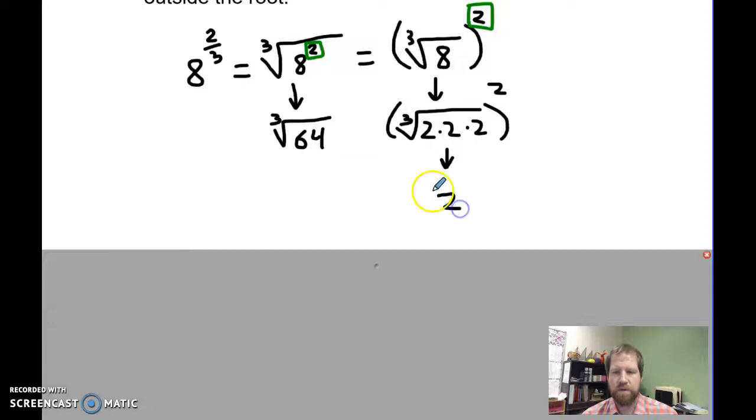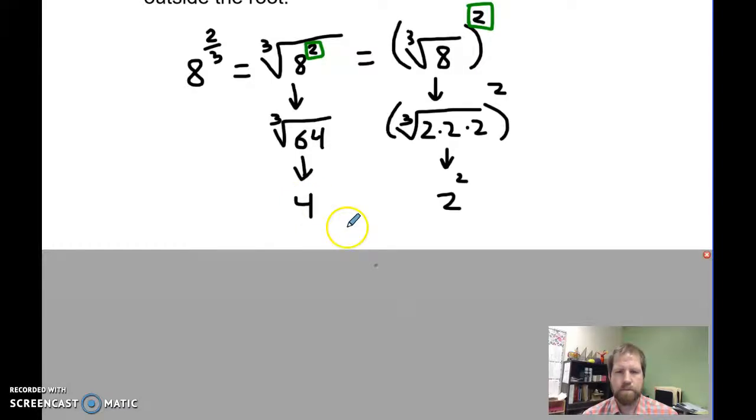So I'd have 2 to the second. The third root of 64: what number times itself, and then itself again, is going to be 64? That's going to be 4, right? 4 times 4 is 16, times 4 again is 64.